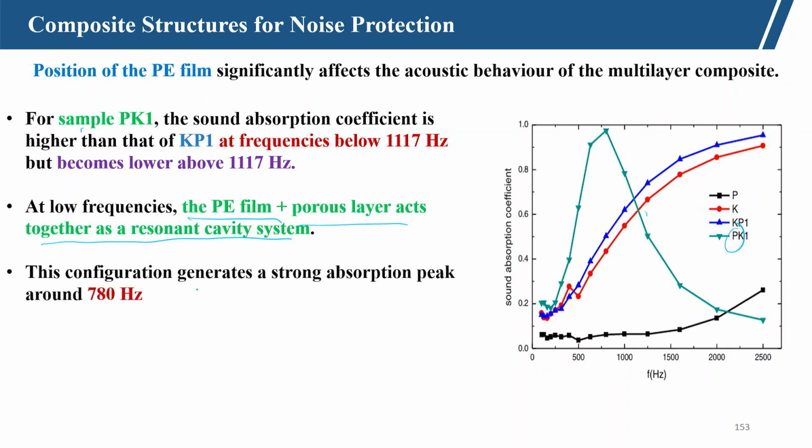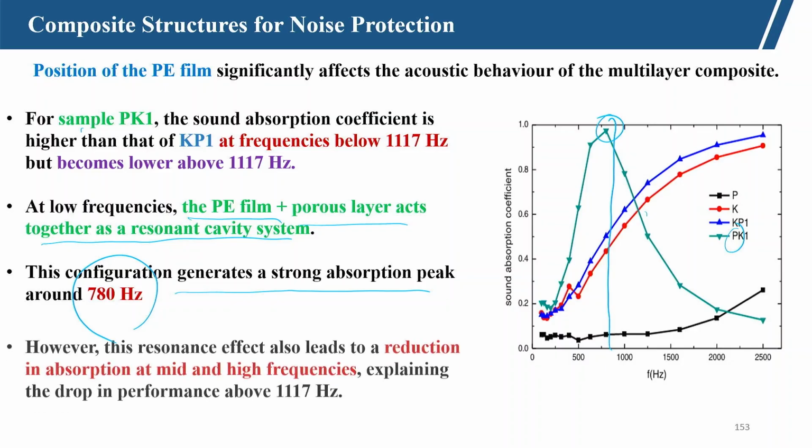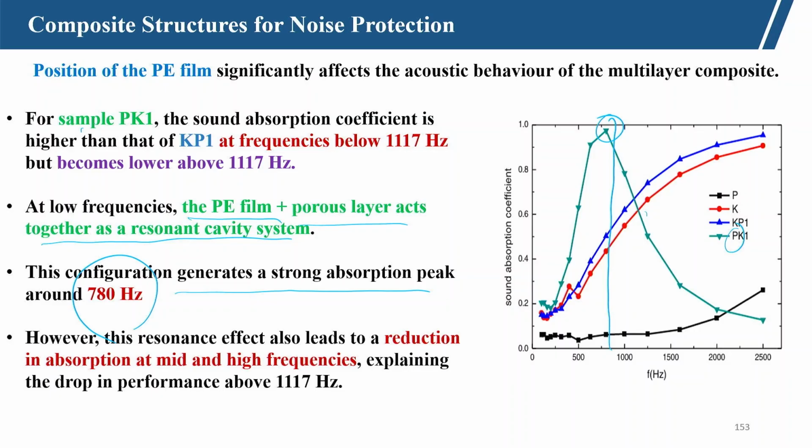This configuration generates a strong absorption peak around 780 hertz. If you see 780 hertz here, a strong absorption peak is generated. However, this resonance effect also leads to a reduction in absorption at mid and high frequencies.